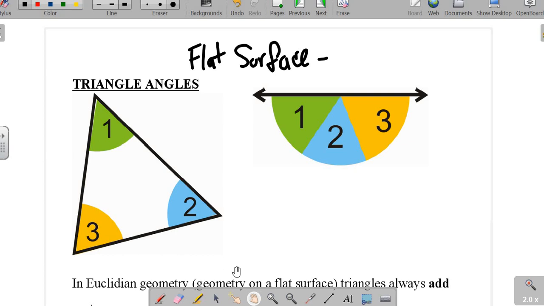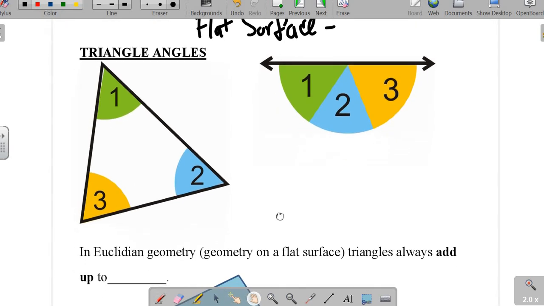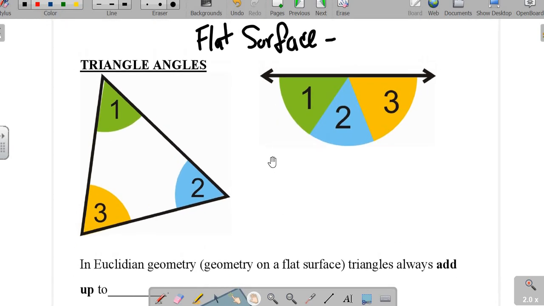Because the rule I'm about to show you, when you put it on a curved surface, such as the globe, changes. But on a flat surface, or in relatively small areas of global scale, such as taking measurements within a city or even a state, this would be applicable.